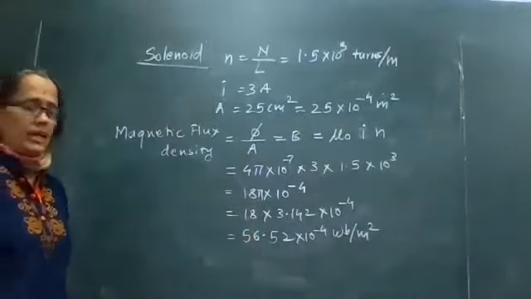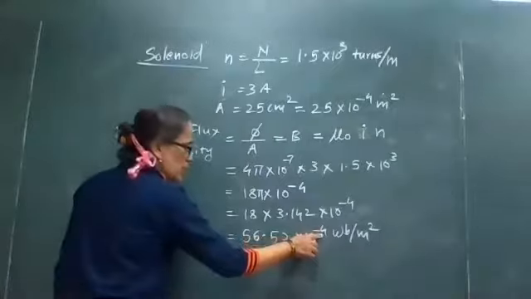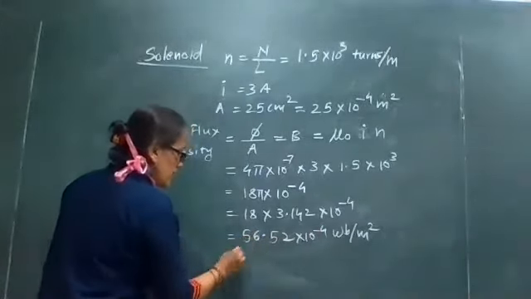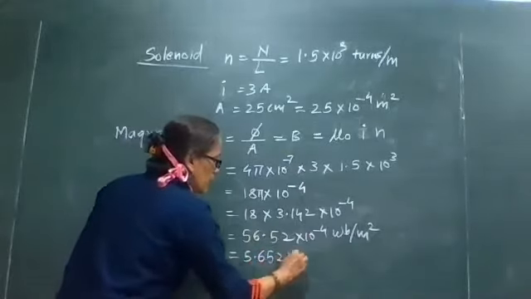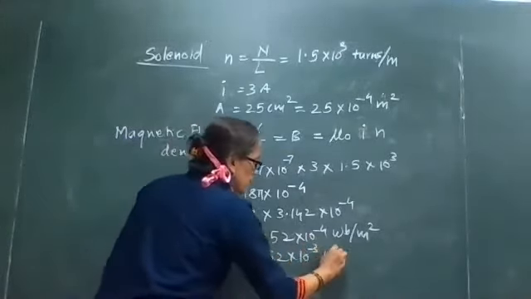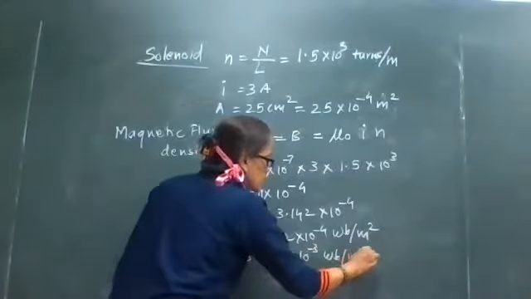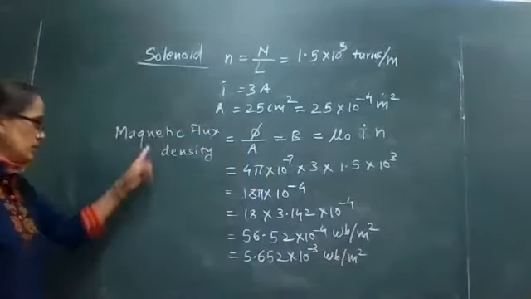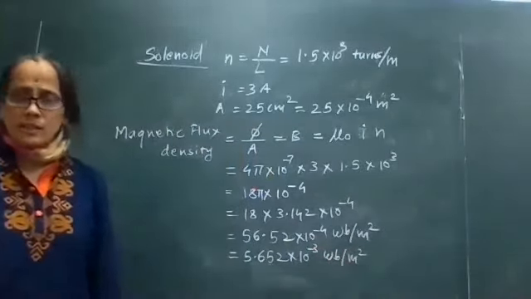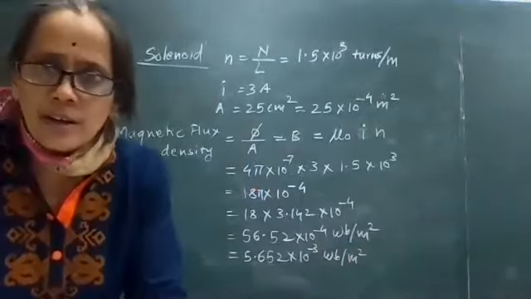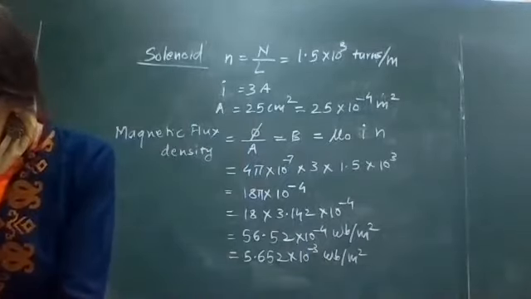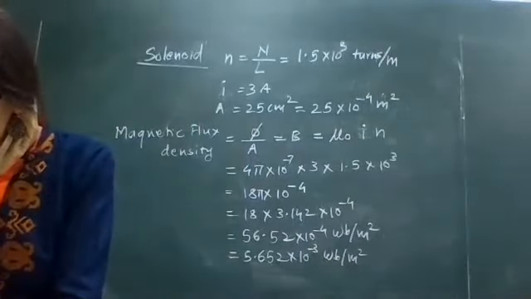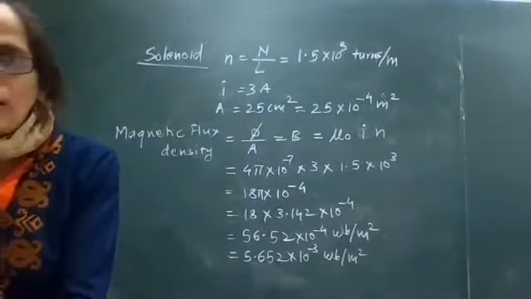Instead of 10 raised to minus 4, I can write this answer as 5.652 into 10 raised to minus 3 weber per meter square. So this is nothing but your magnetic flux density. Clear?